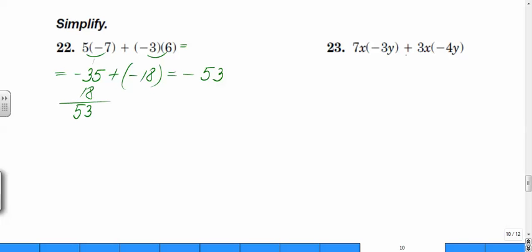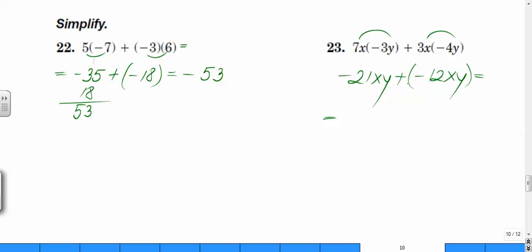Problem 23, 7x times negative 3y plus 3x times negative 4y. Multiply first. 7 times 3, 21. The sign is what? Negative 21xy. Here, plus 3 times negative 4 will be negative 12xy. Moving on, they have the same sign, right?